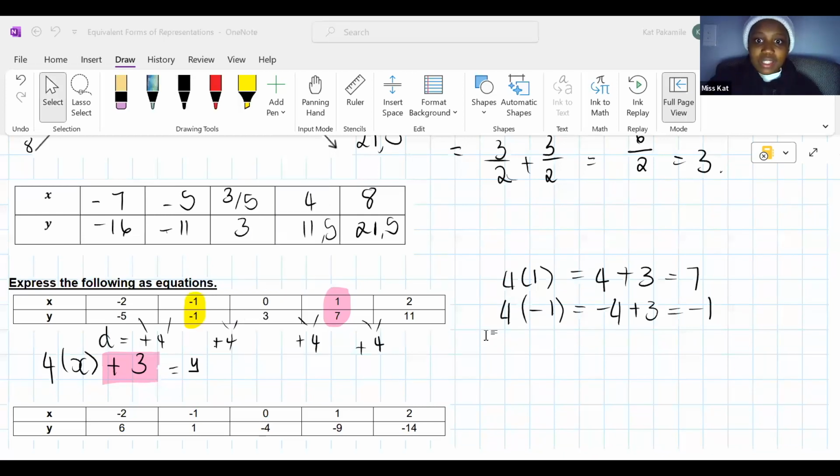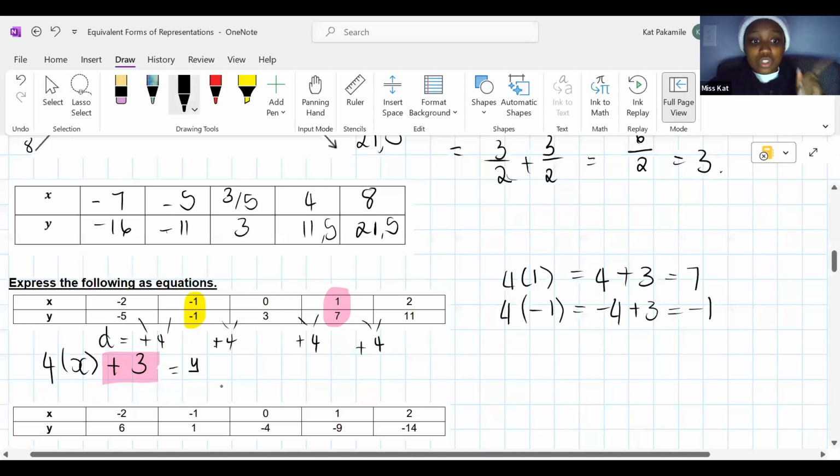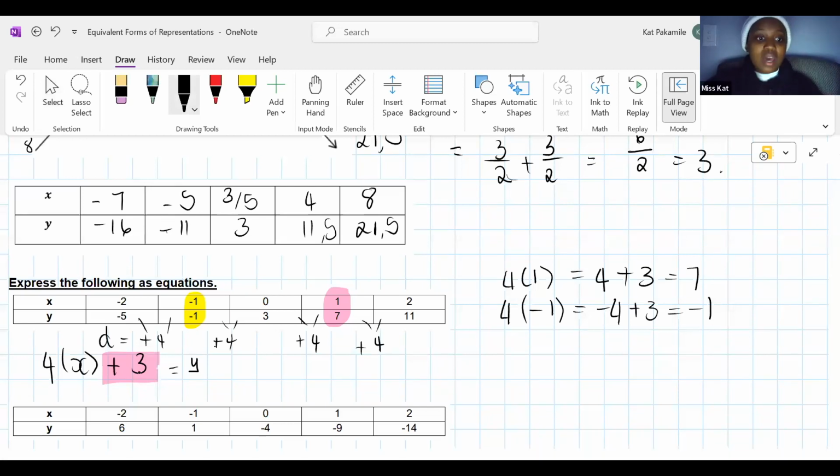Yes, guys, we've established that we had to add 3. So that means our formula works. Do we remember this? I hope this is coming back to us because we did quite a few of these. If this is vaguely familiar, please go remind yourselves for the exams and watch those videos. That means our final formula is then y equals 4x plus 3.